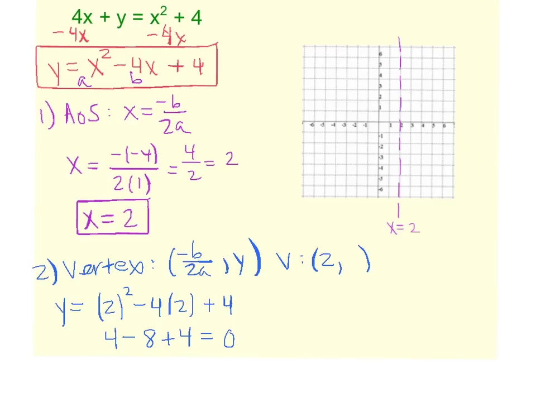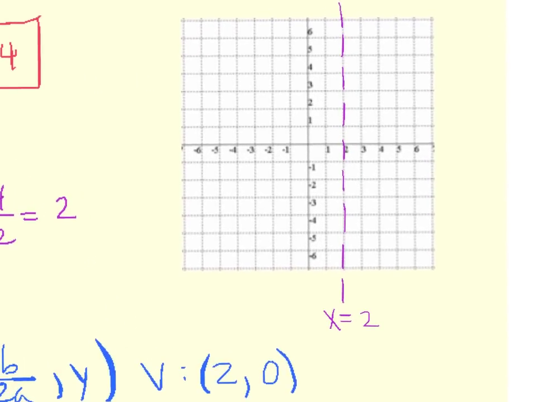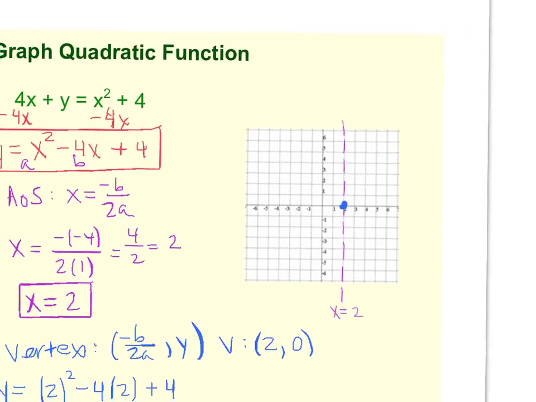Yep. Right, so we got 2, 0. So we can go ahead and put that on our graph. Our vertex is at 2, 0, which is right here. Oops. So there's the vertex. Alright, so the last thing that we can do for our graph is get the y-intercept.